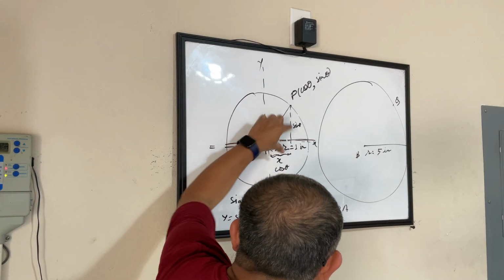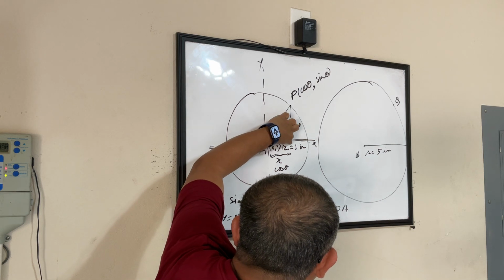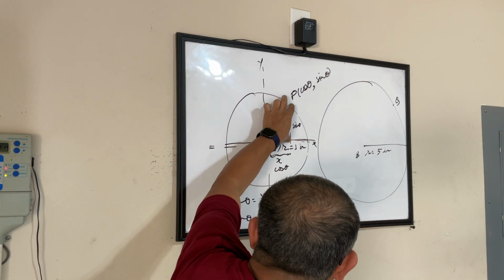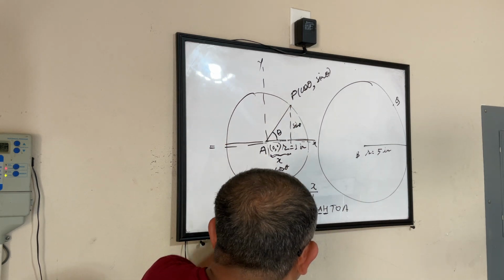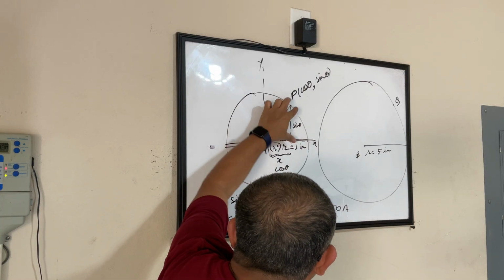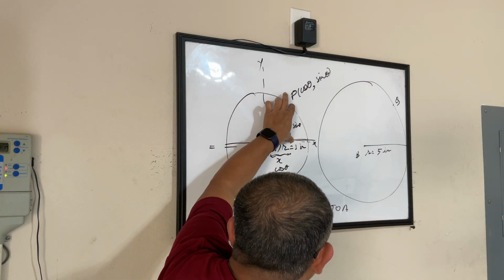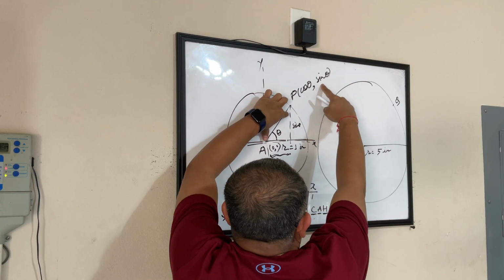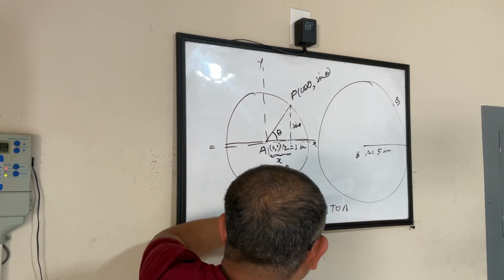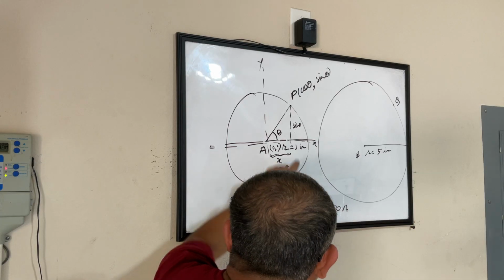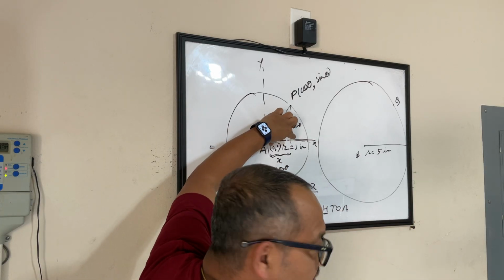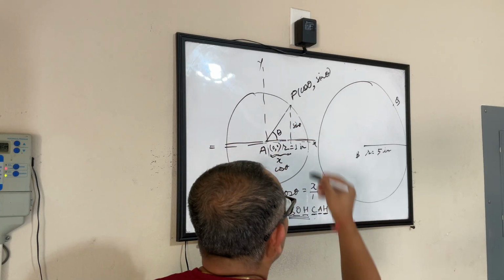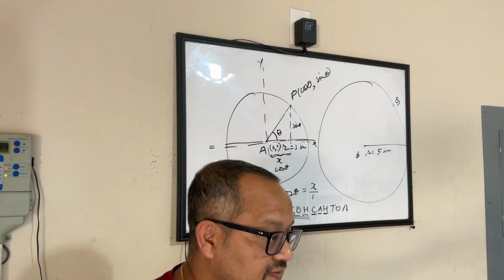So we are trying to find out the coordinate of P on the perimeter. What is the x coordinate? The x coordinate is this much. The y coordinate will be this length. And we found sin theta is this by this. This is y. Sin theta is this length by 1. So from that we found the y value as sin theta, and the x value is cos theta. That becomes a thumb rule that we'll follow hereafter.